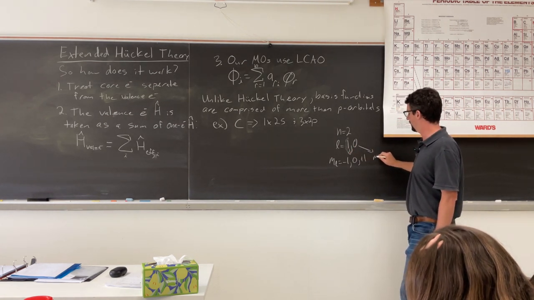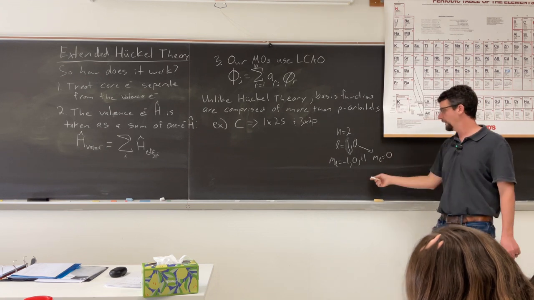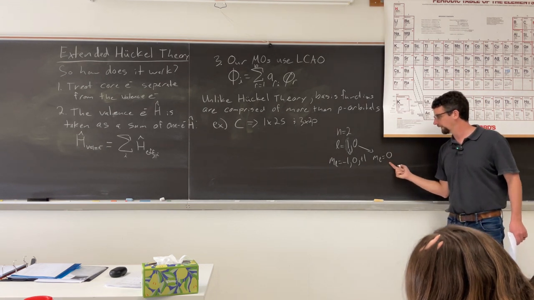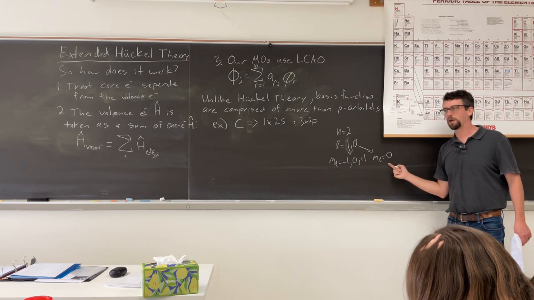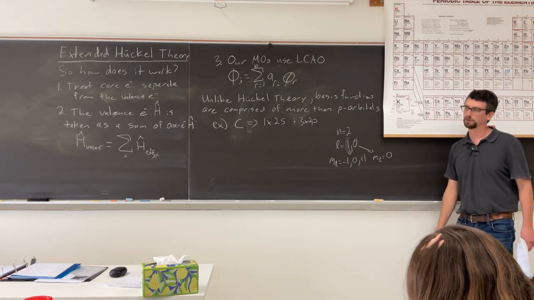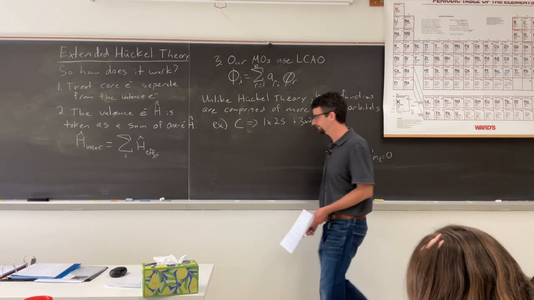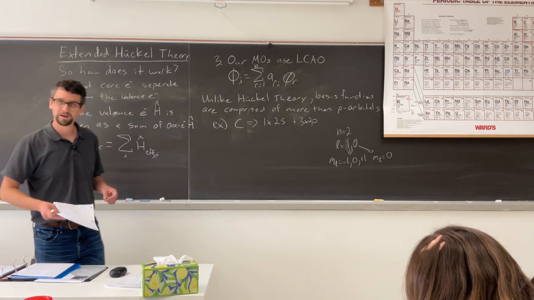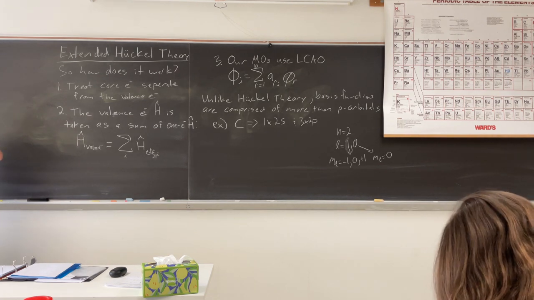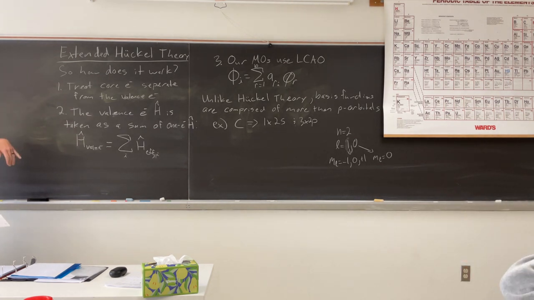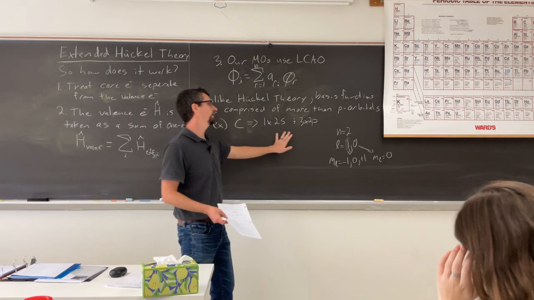If we have this one, ML is equal to 0. So we have 3 different p orbitals available. If we're talking about s, we only have 1 s available. Bringing you back to Gen Chem. So you need all of these.